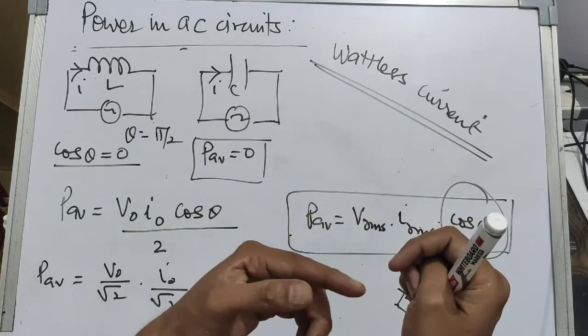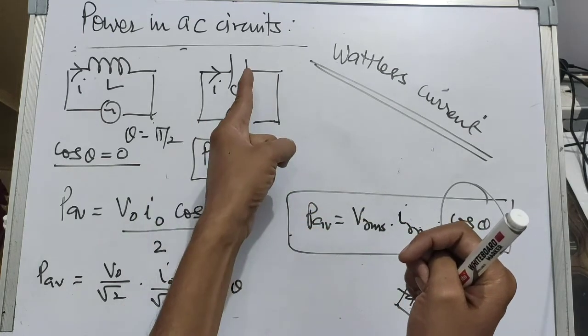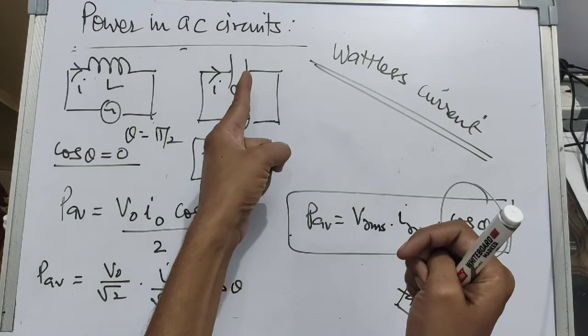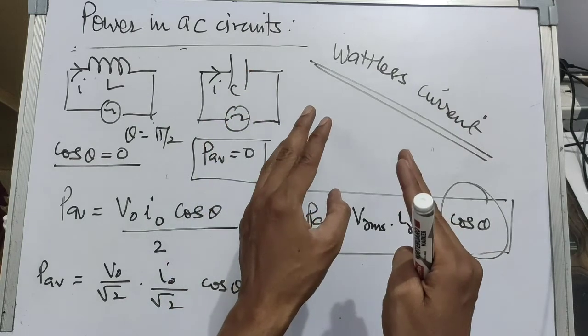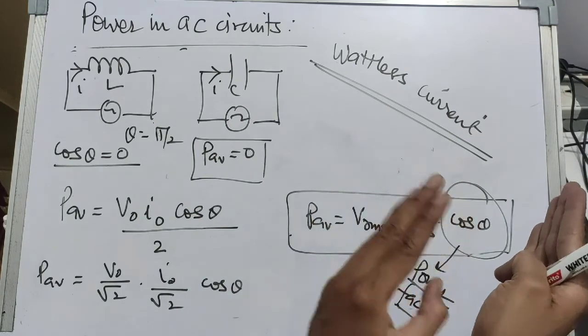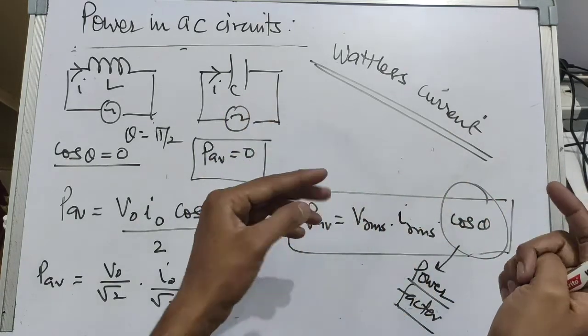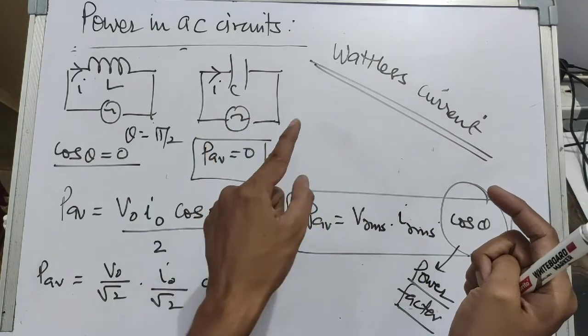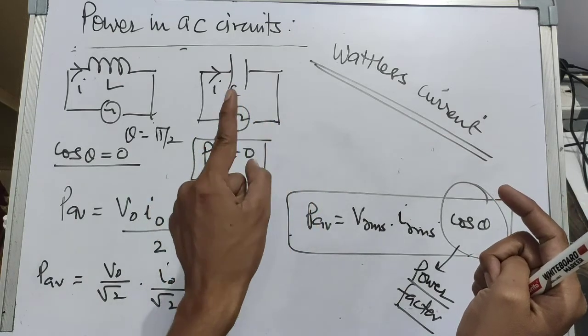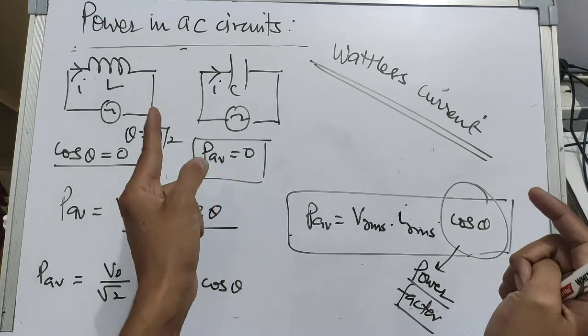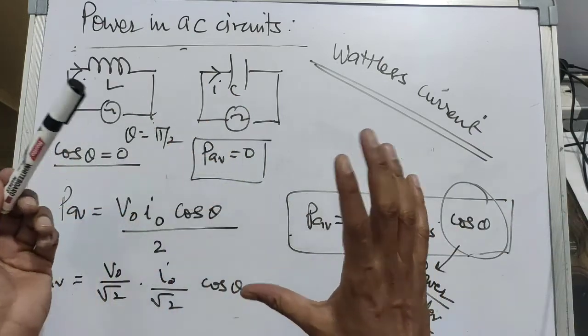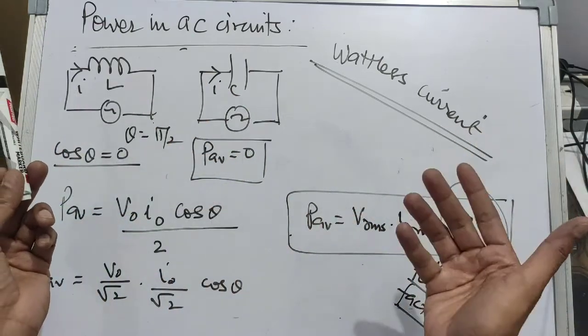Then in the other half cycle, with the polarities reversed, it will again be charged and then discharged. So the energy the source has given is given back by the capacitor while discharging. Similarly, we will do it by equations later in the next class.